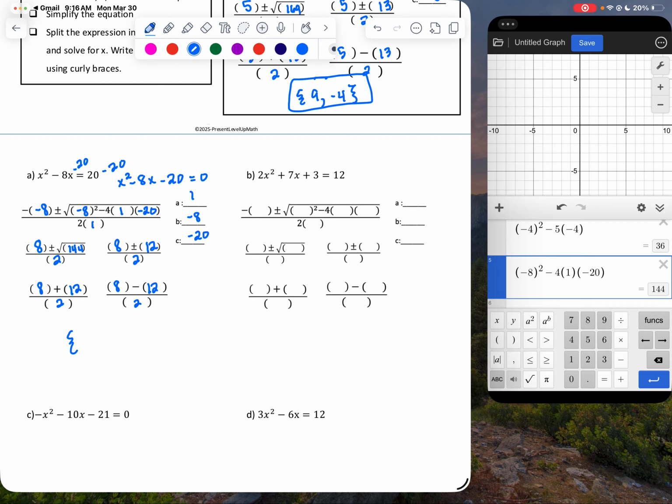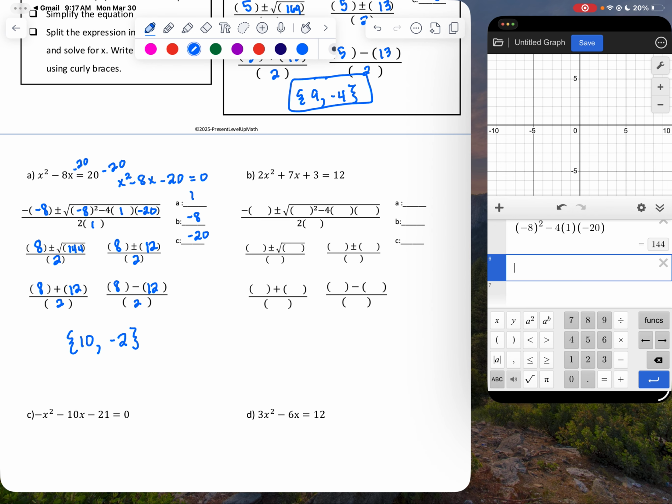So 8 plus 12 is 20, and 20 divided by 2 gives me 10. Next one, 8 minus 12 is negative 4, and negative 4 divided by 2 is negative 2.